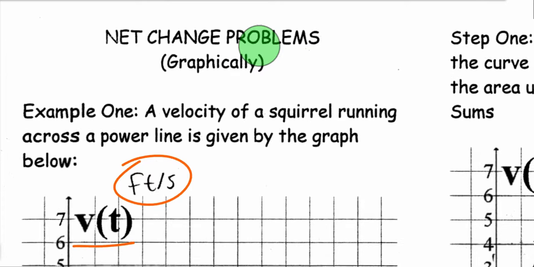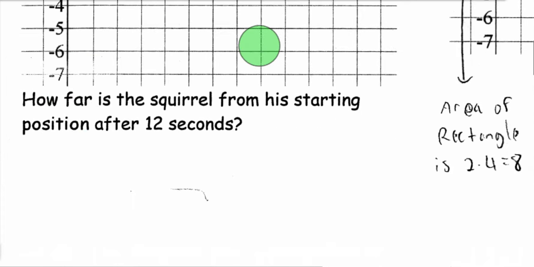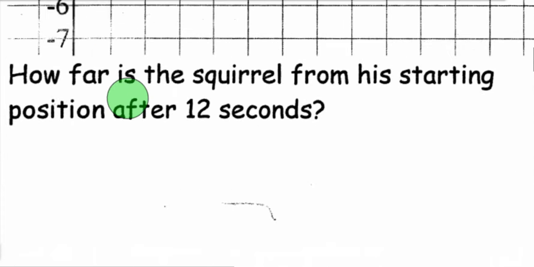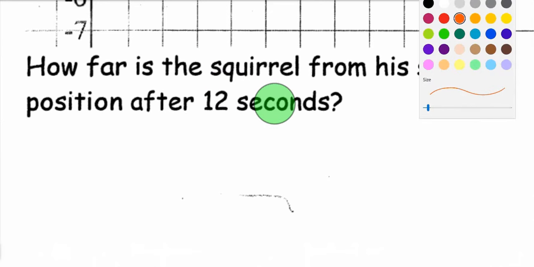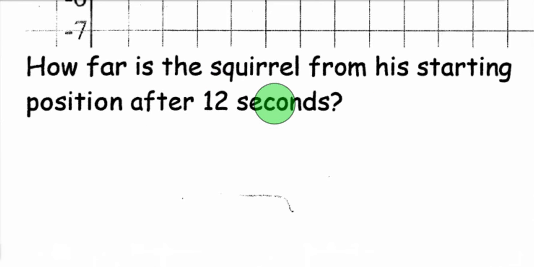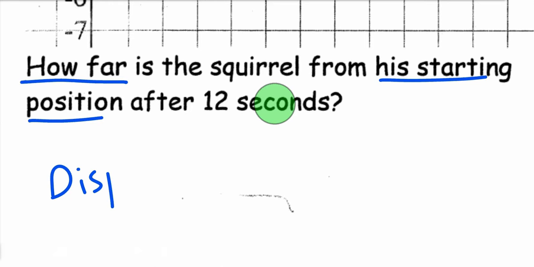So let's go ahead and see what the question says. It says, how far, let's zoom in a little bit, how far is the squirrel from his starting position after 12 seconds? So I'm going to underline the words how far. How far, from his starting position, is actually the definition of displacement.